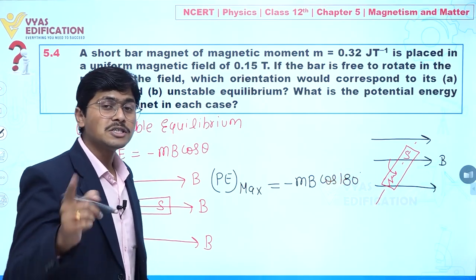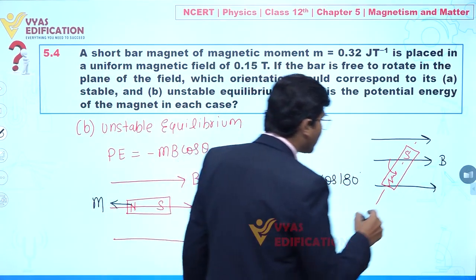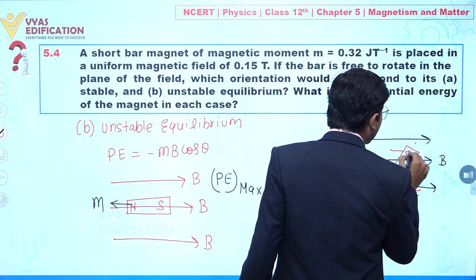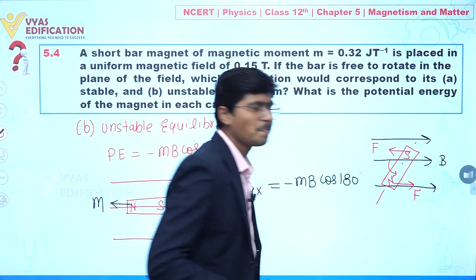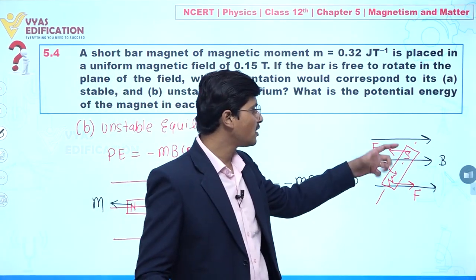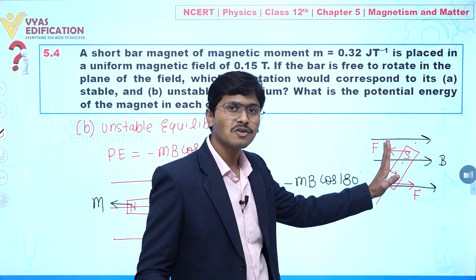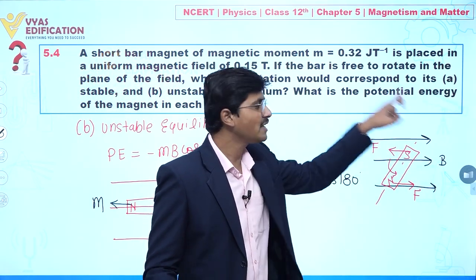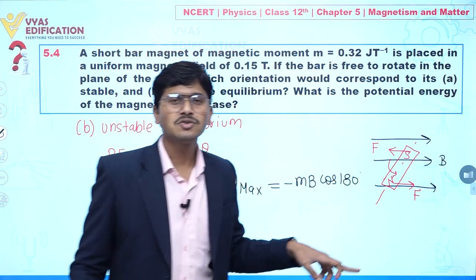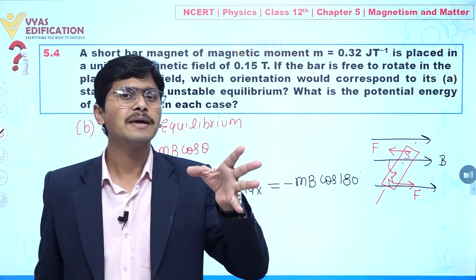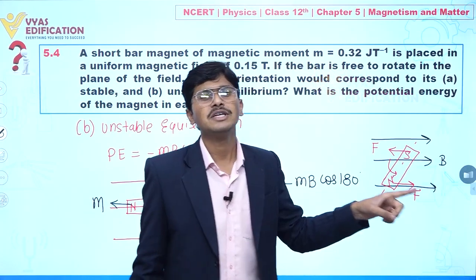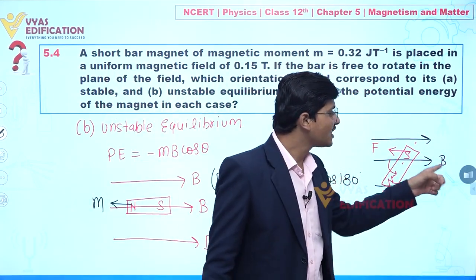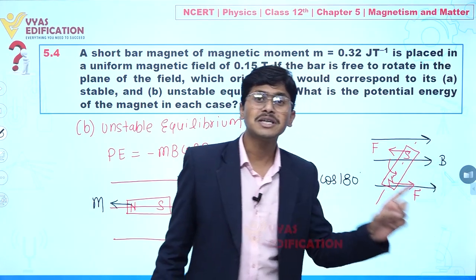The bar magnet is placed in a magnetic field, so force acts on the north pole in this direction, and on the south pole in this direction. You displace the bar magnet anti-clockwise, and the force due to the uniform magnetic field is also anti-clockwise. So as you leave the bar magnet, it will never come back to its original position. It is trying to attain the position of stable equilibrium.